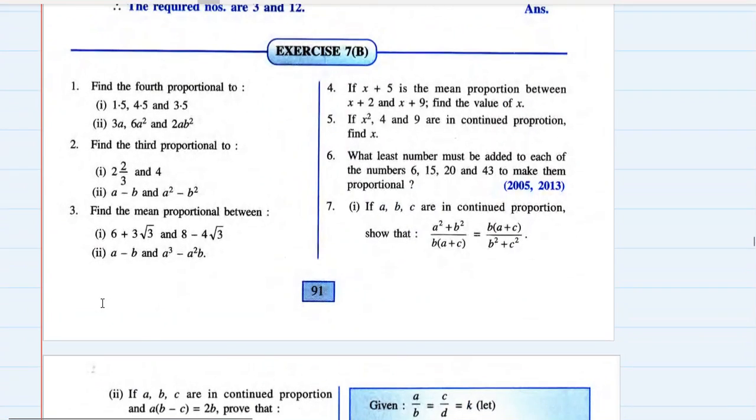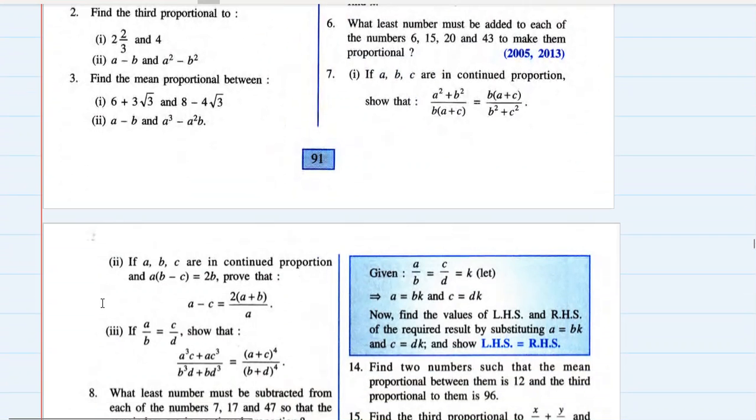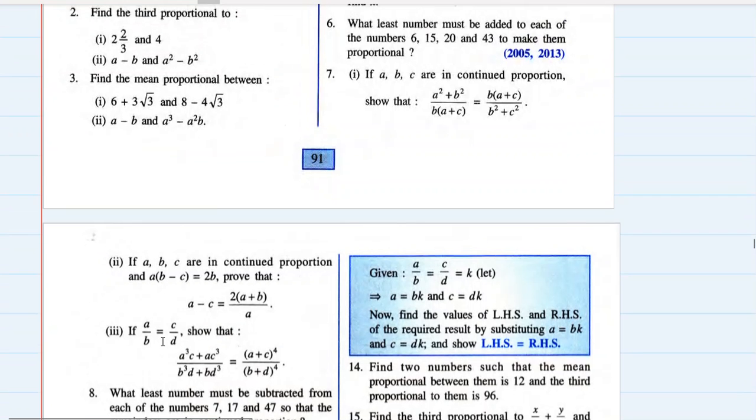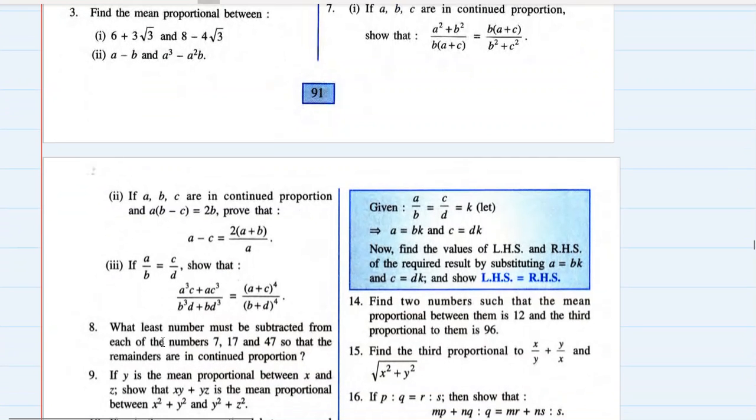So question number 7, B and C. Question number 2 and 3, sir. Okay, so we have been given that A, B, C are in continued proportion.